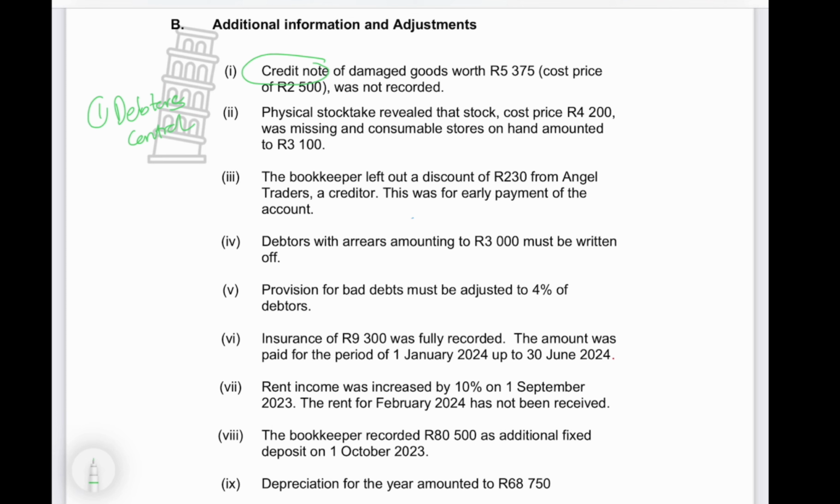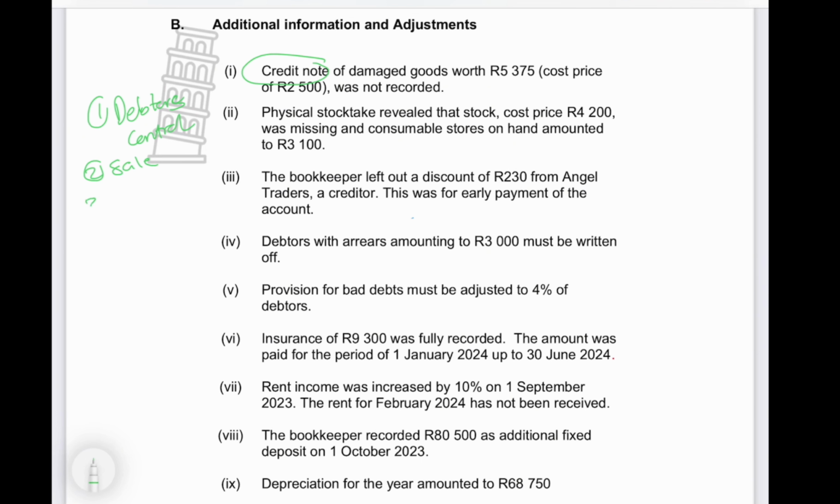So the second account which is affected by this credit note or by this adjustment will be the sale account. Why? Because we had counted these goods in the sale because we had made a sale. So if we said the total amount of sale in the business was 10,000, for example, and a debtor returns some of the goods, we have to now minus or deduct that amount from the sale account because it is no longer counted as a sale.